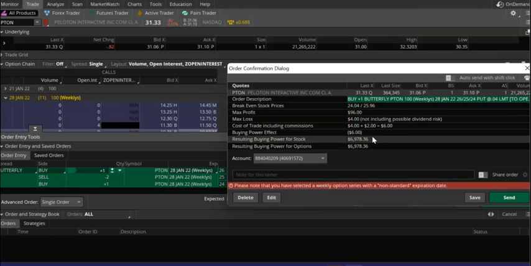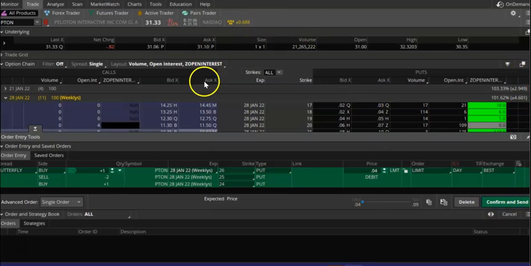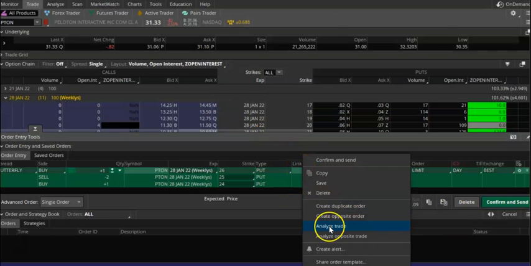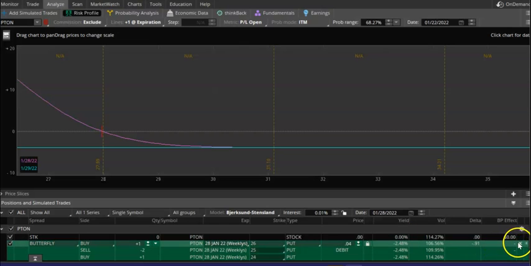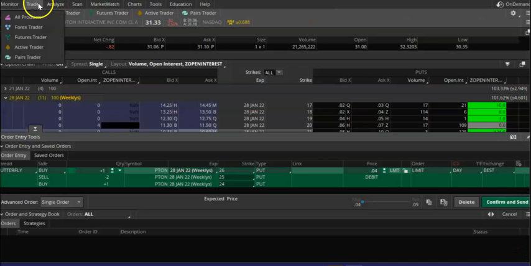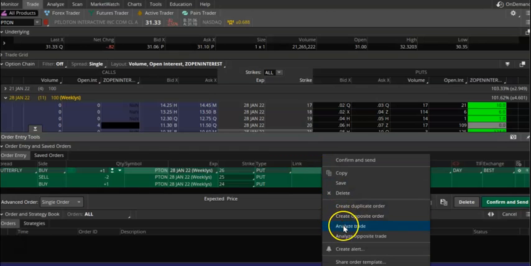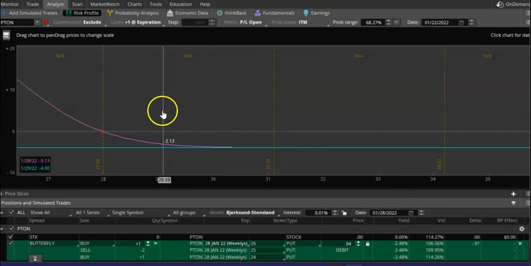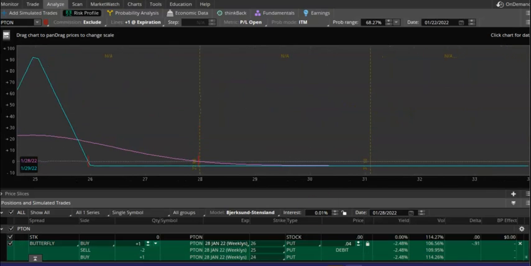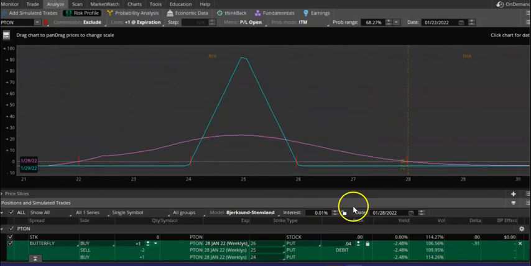So it's probably 9 to 10 times the return. Now let's go and see the risk profile here. I click analyze trade. Here you can see the maximum profit happens when the stock comes to 25.